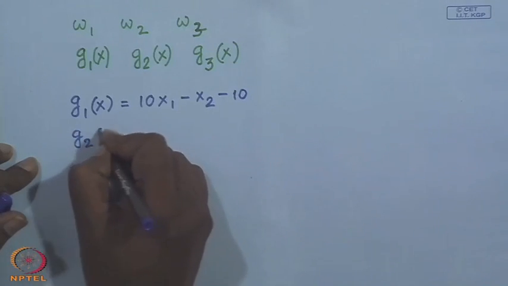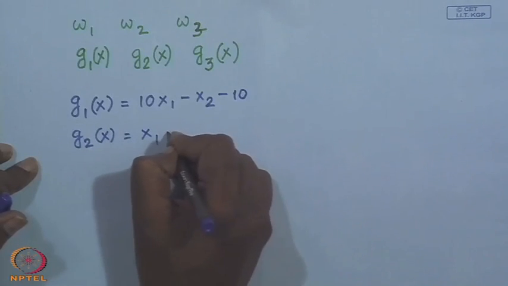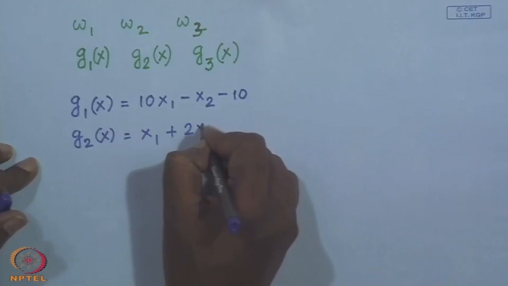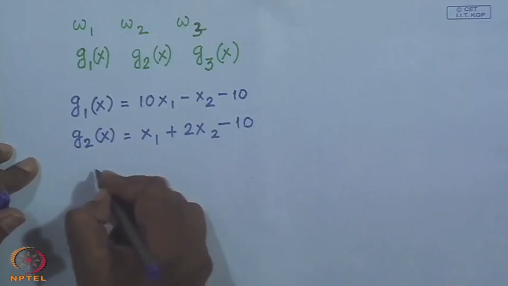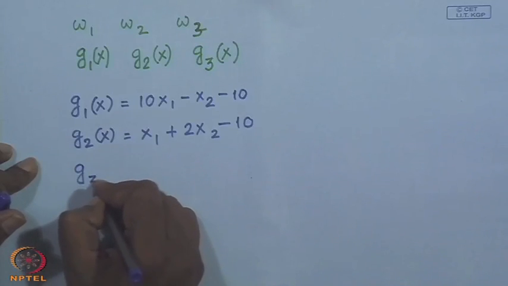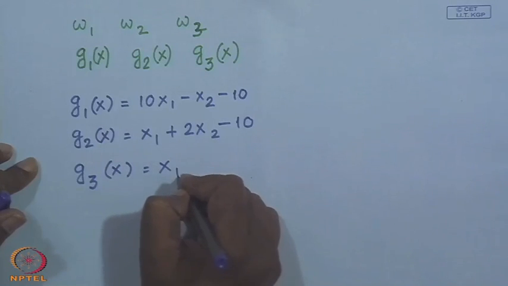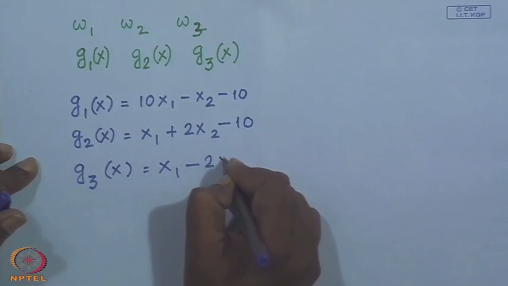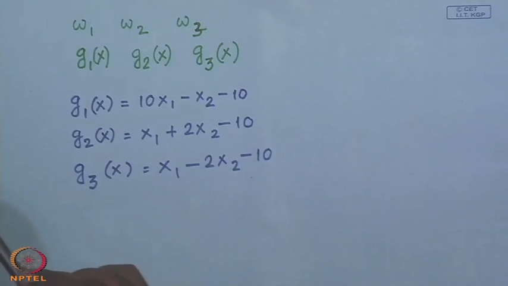For g2(x), let us take x1 plus 2 x2 minus 10, and suppose g3(x) is equal to x1 minus 2 x2 minus 10. So, these are the linear discriminating functions for the different classes.